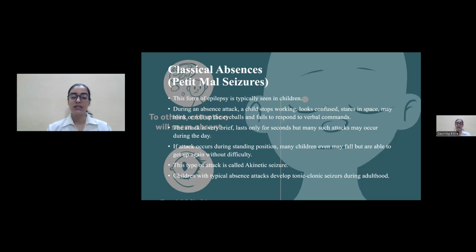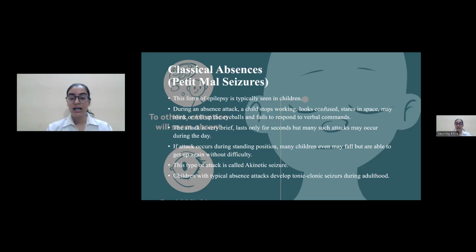The attack is very brief, lasting only several seconds, but many such attacks may occur during the day. If an attack occurs in a standing position, many children may even fall but are able to get up again without difficulty. This type of attack is called an akinetic seizure. Children with typical absence attacks develop tonic-clonic seizures during adulthood.